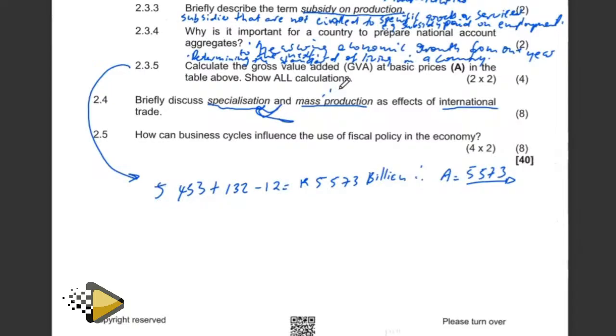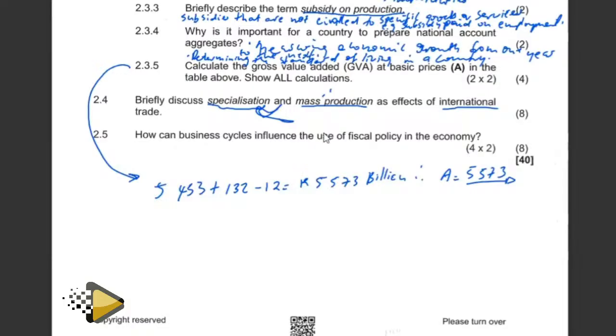And then we have specialization. Specialization is where an economy concentrates on producing certain goods and services as compared to other countries. If you still remember, different countries have different resources.